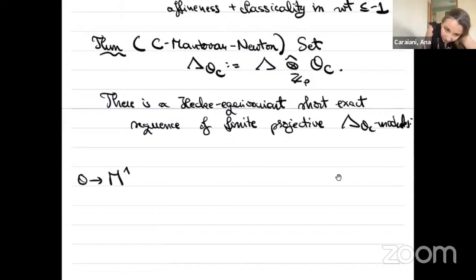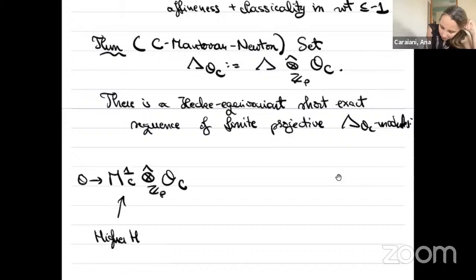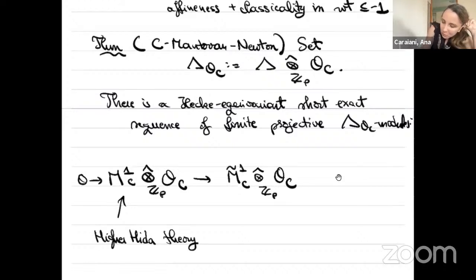So here I have coherent cohomology in degree 1 and with compact support. So this is higher Hida theory. In the middle, I have essentially ordinary completed cohomology, except I apply this functor to turn it into a finite projective lambda OC module. And over here, I have coherent cohomology in degree 0.